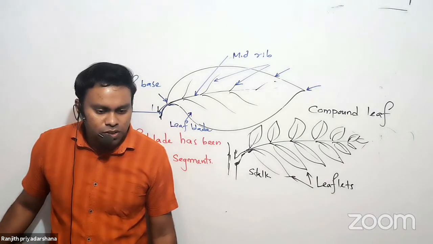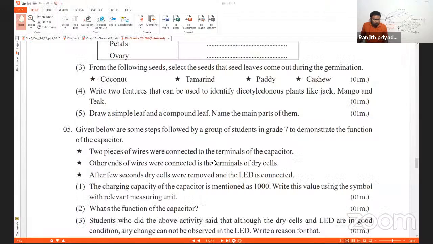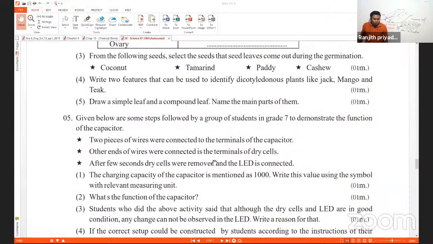Moving to the paper again. Question number 5. Given below are some steps followed by a group of students in grade 7 to demonstrate the functions of a capacitor. Many of you got this wrong in the question, but we have done this a lot: we charge a capacitor and discharge a capacitor.